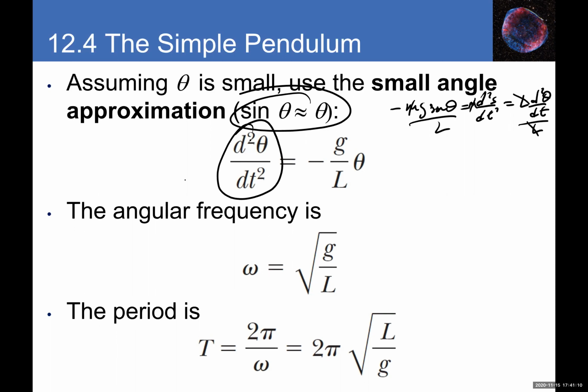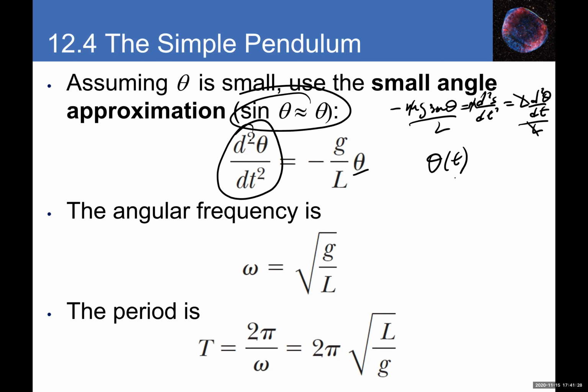This is the second order derivative of the angular position equals negative g over L times angular position, which means something similar: you take some theta as a function of t, you take the derivative of that twice, and you get the negative of that theta times some constant.